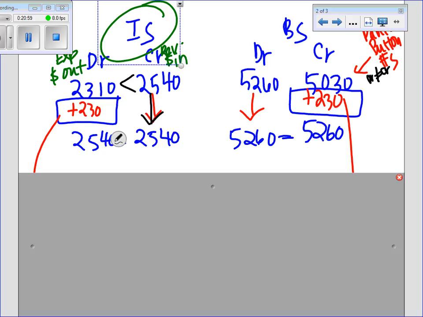What line is this 2310 and 2540 on in your book? Where the panic button numbers are, which one is that on? This is line 13, this is line 14, this is line 15. Okay, so that's kind of where we're at.